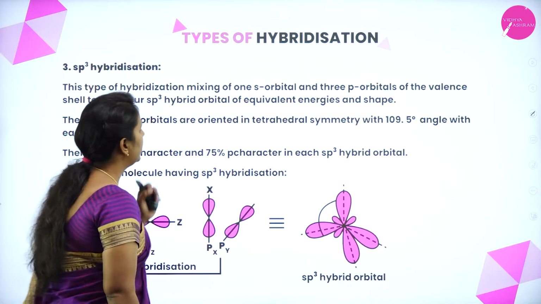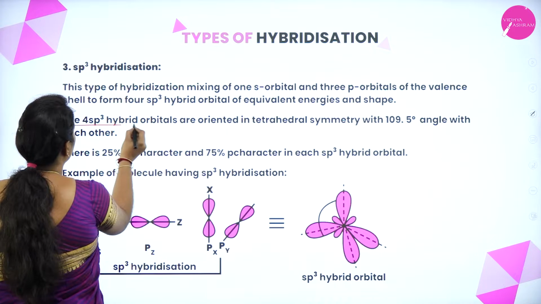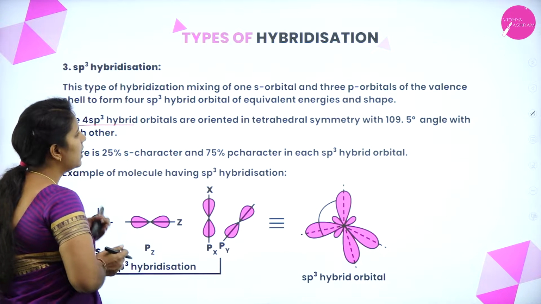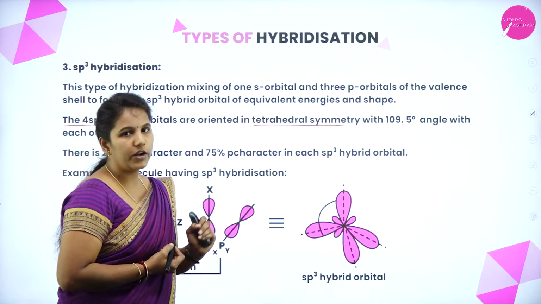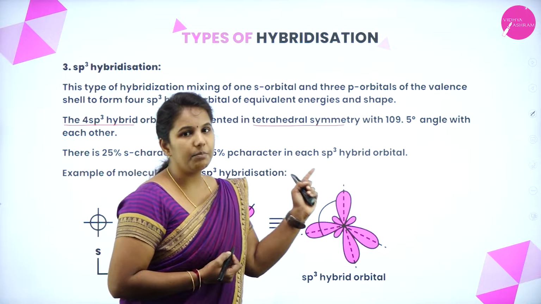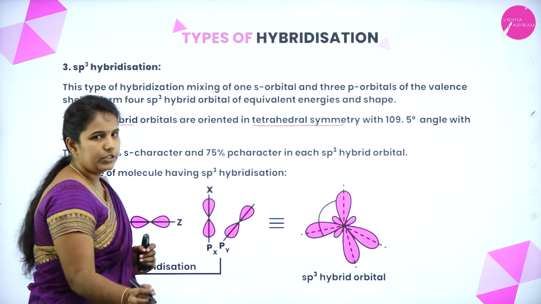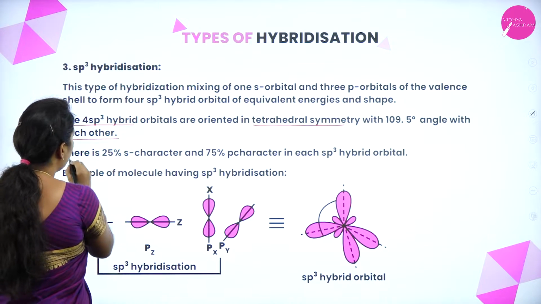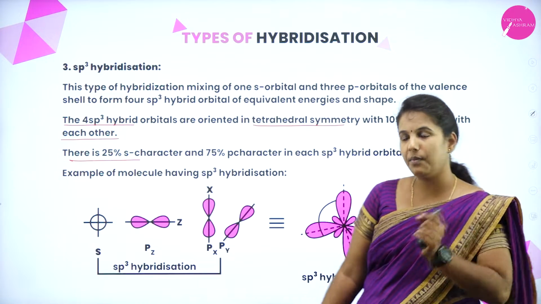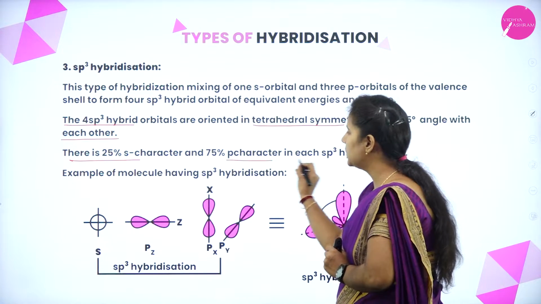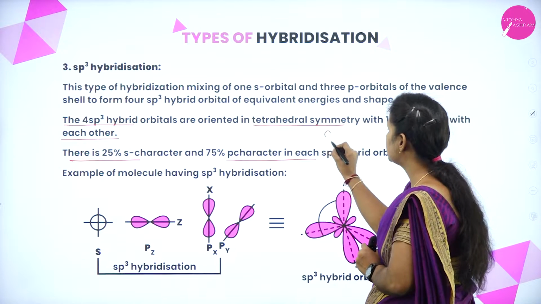Remember, the 4 sp3 hybrid orbitals are oriented in tetrahedral geometry with a bond angle of around what? 109.5 degrees, which is the angle between any two atoms.